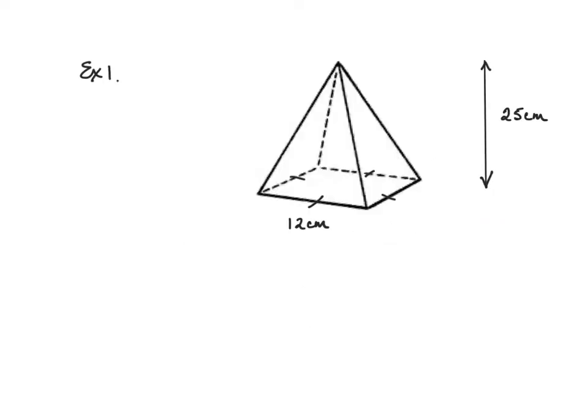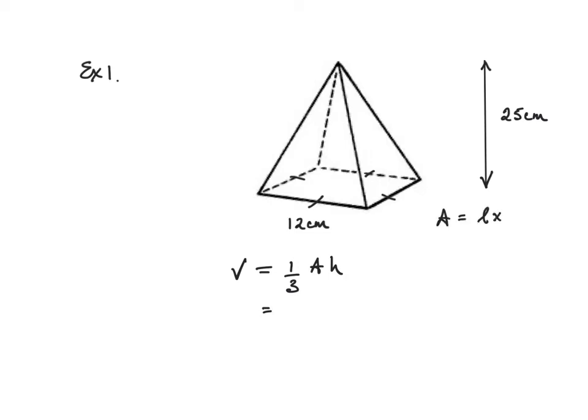So here we have a square based pyramid. The length of the side of the base is 12 and the height is 25. So the volume then is 1/3 A times H. Now we can work out A separately.